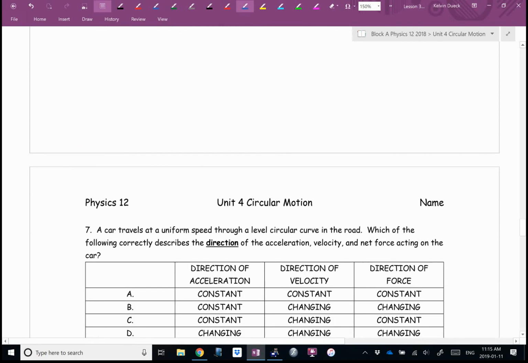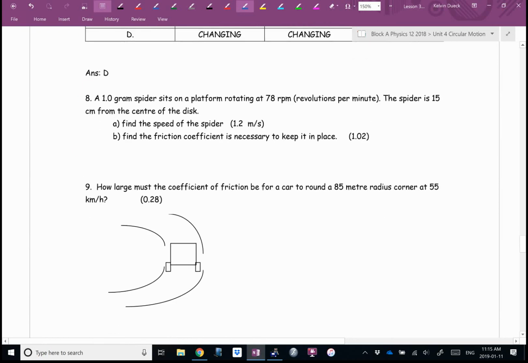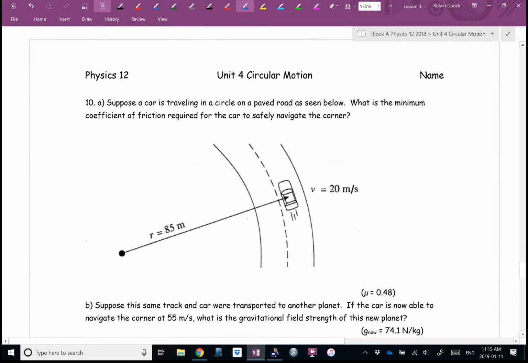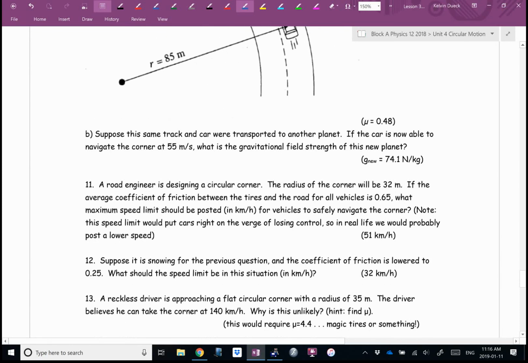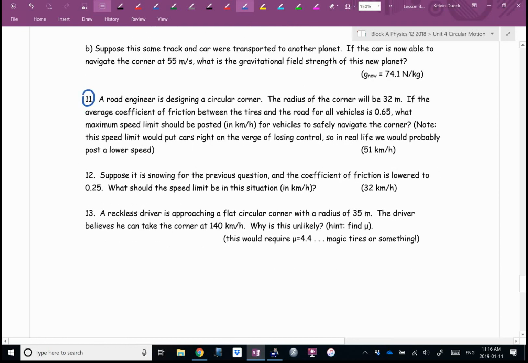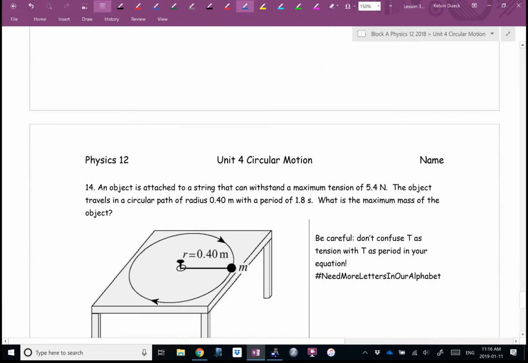6 is good. 7 is good. 8 is good. 9 is good. So far I've assigned all of them, I know. 10 is good. 11 is good. Skip 12. 13 is good.